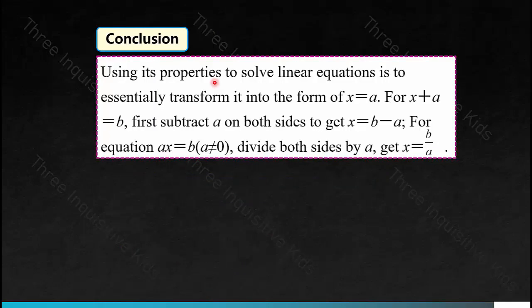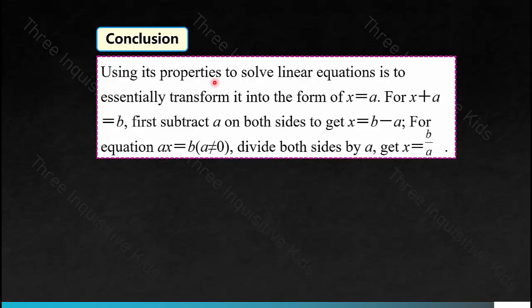Here's our conclusion. Using its properties to solve linear equations is to essentially transform a linear equation into the form of x is equal to a. For x plus a is equal to b, you can first subtract a on both sides of the equation to get x is equal to b minus a.